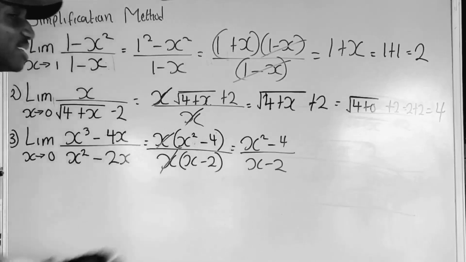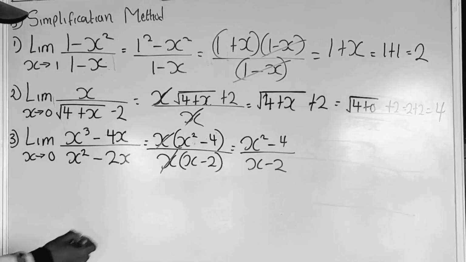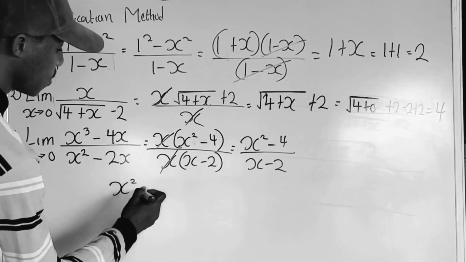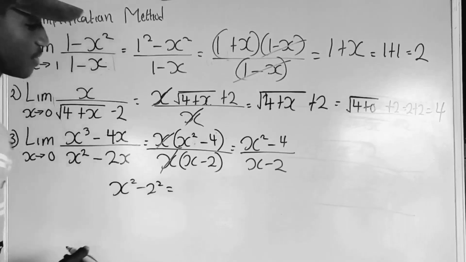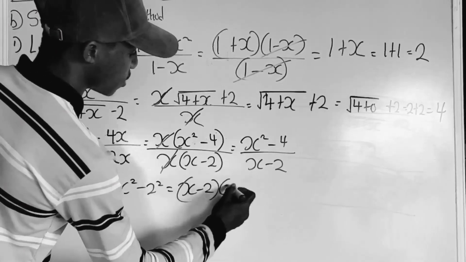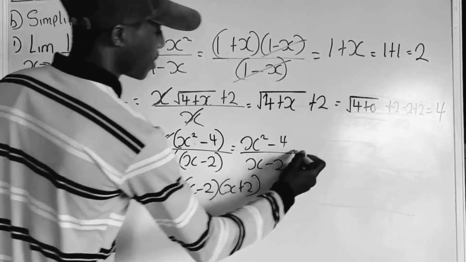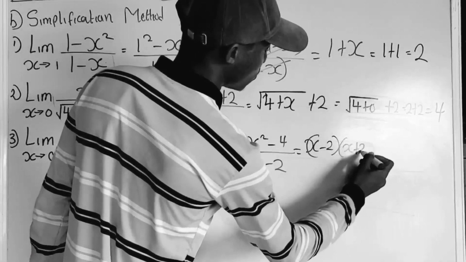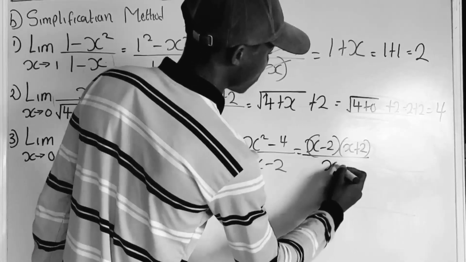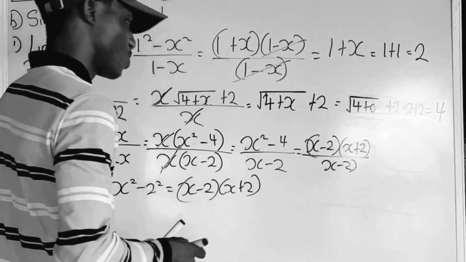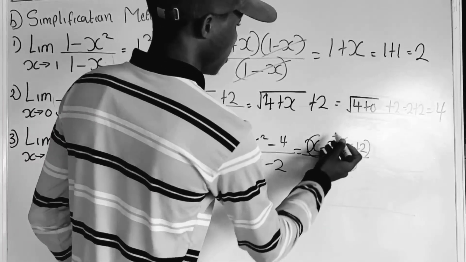Now, we can take the difference of two squares. You understand? Because x squared minus 4 can be written as x to the power of 2 minus 2 to the power of 2. And the difference of two squares will be x minus 2 and then x plus 2. So for this, I'm going to have x minus 2 multiplied by x plus 2 all over x minus 2. Now, don't forget that this x minus 2 we can eliminate.